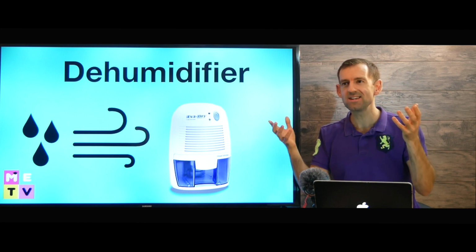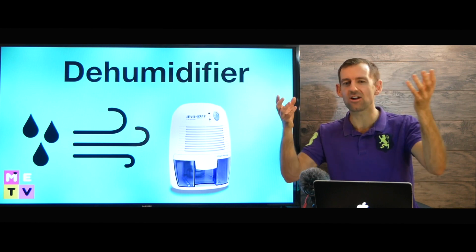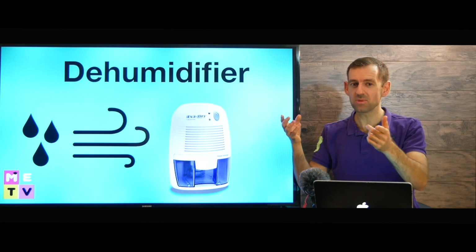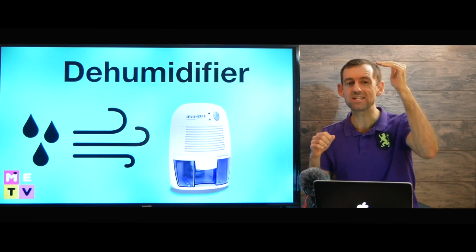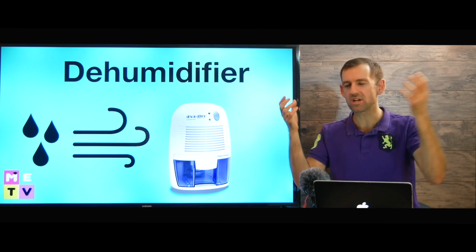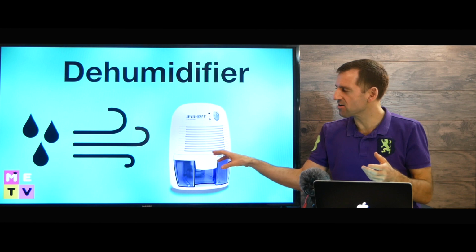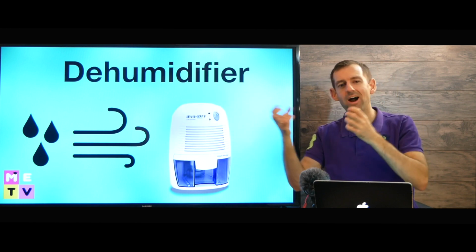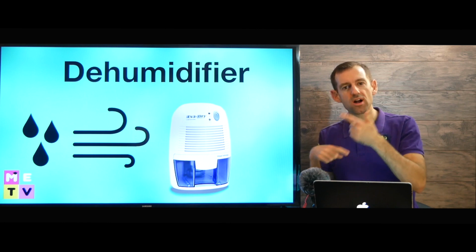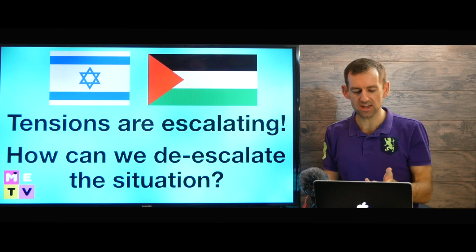Humidity means moisture in the air, water in the air. Like if you live in the Philippines, for example, the Philippines has very high humidity. There's a lot of moisture in the air. So you might have a dehumidifier in your house to take the moisture out of the air. That's a process. It might take a few hours to take the moisture out of the air.